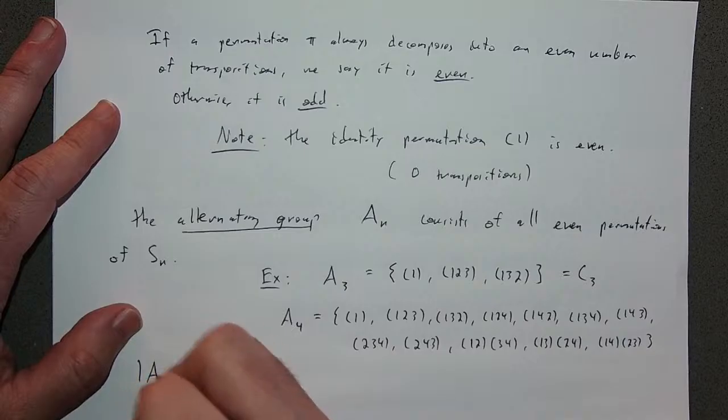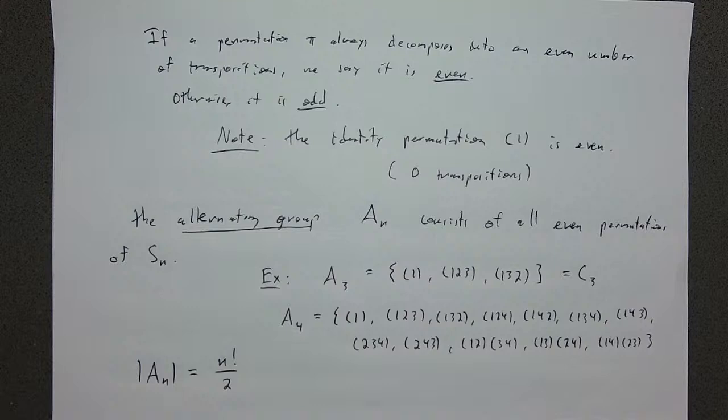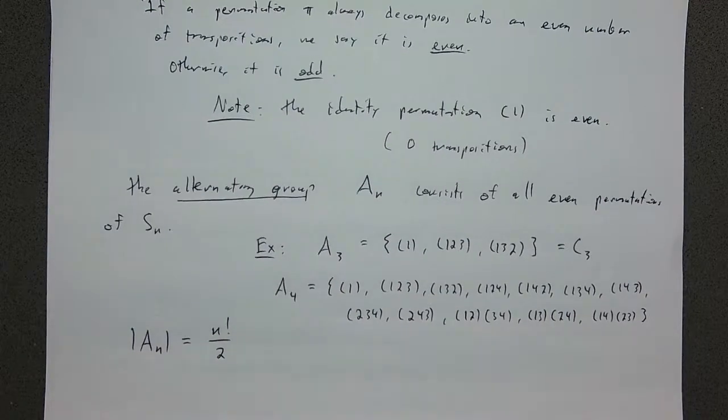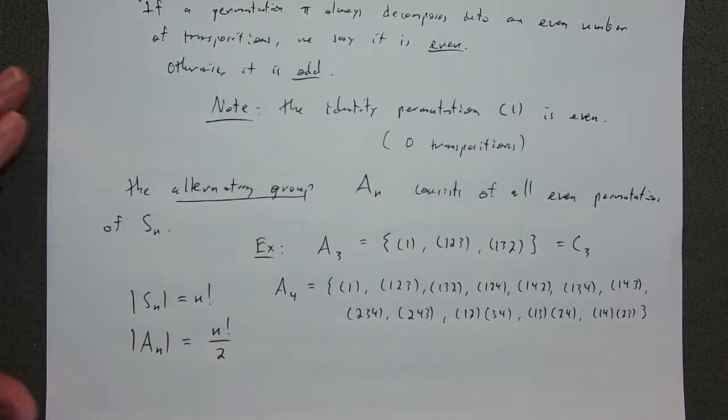It turns out that this size is n factorial over 2. Intuitively, of course, you might have already guessed this just because the size of S sub n is n factorial. The number of permutations on n objects is n factorial. This is all of the even permutations, but I just told you that it splits as even and odd permutations, so thinking intuitively that this is half of those is not crazy, right? Okay.